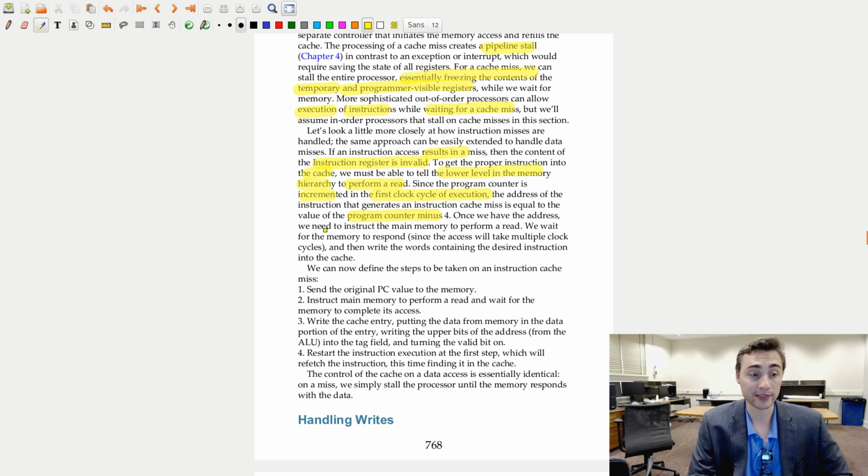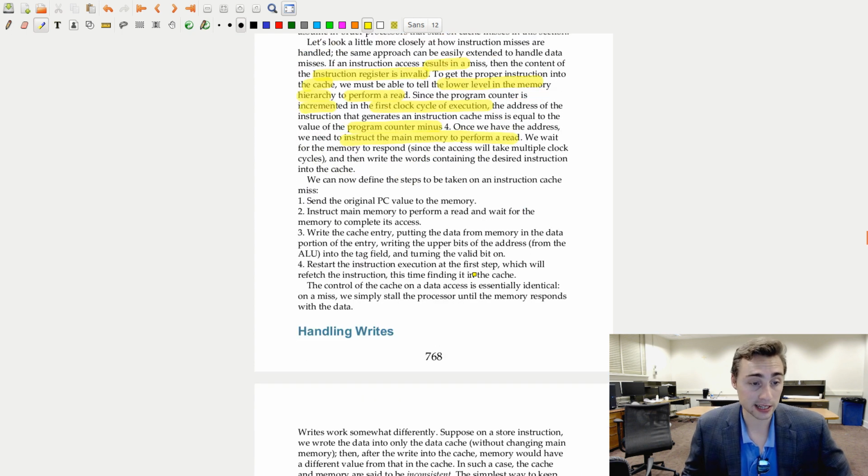So once we have the address, we need to instruct the main memory to perform a read. We wait for the memory to respond, since the access will take multiple clock cycles, and then write the words containing the desired instruction into the cache. So we can now define the steps to be taken on an instruction cache miss.